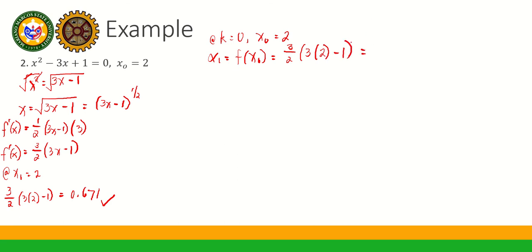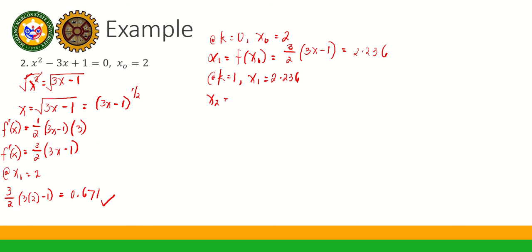So this is equal to 3x minus 1. Now, if we plug in 2 dito, we will get a value of 2.236.